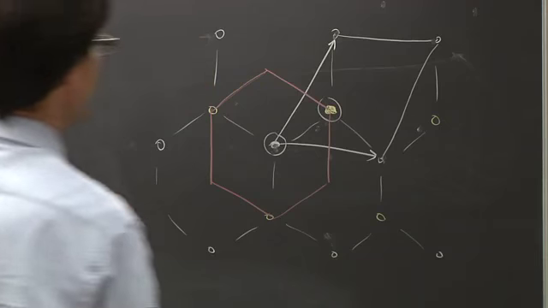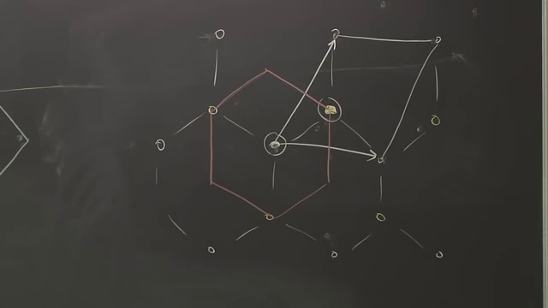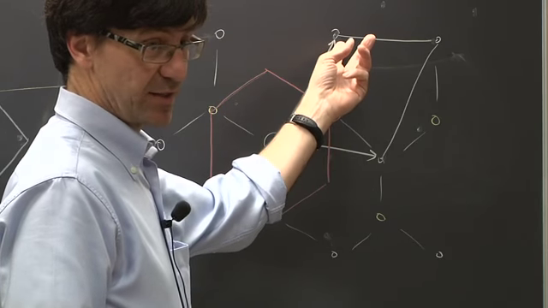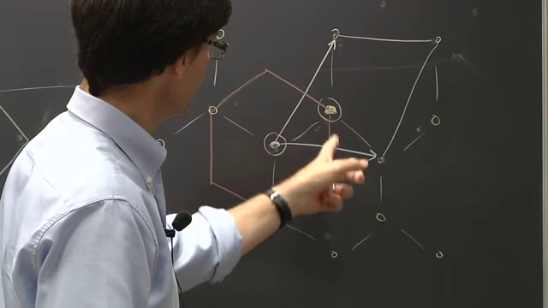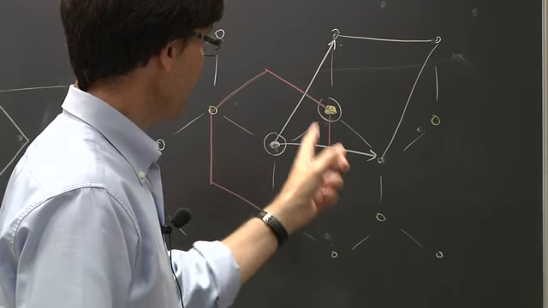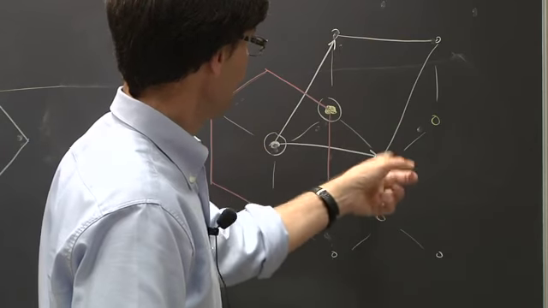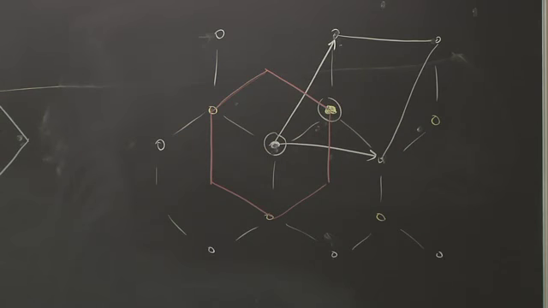So the Wigner-Seitz unit cell looks like this. Remember, I have to choose the unit cell for the underlying Bravais lattice, so the triangular Bravais lattice. So the red area here is the Wigner-Seitz unit cell for the triangular lattice of the Bravais lattice that underlies the honeycomb lattice.